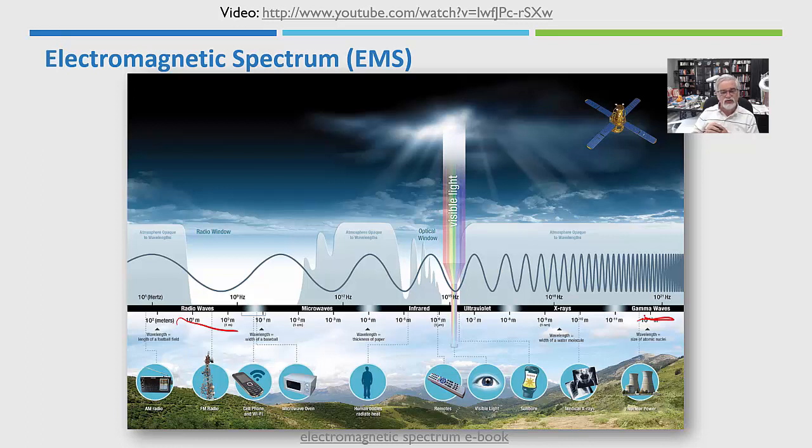This slide also shows us some of the uses. Gamma rays are normally associated with nuclear effects, X-rays with atomic effects, the ultraviolet, visible, and infrared, the far end of the infrared with things such as heat, and so on and so forth. You can also see that the atmosphere is transparent to certain wavelengths.